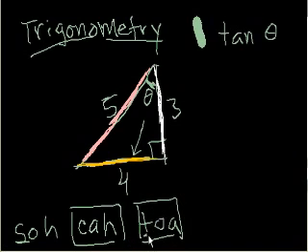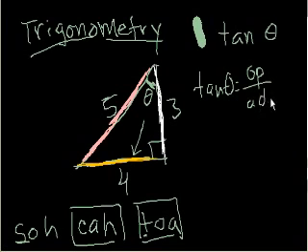So it tells us that tangent is the opposite over the adjacent. So tan of theta is equal to opposite over adjacent. Well, what was the opposite side? Right, the opposite side was 4. And what was the adjacent side? Well, we just saw that is 3. So the tangent of this angle is 4 over 3.